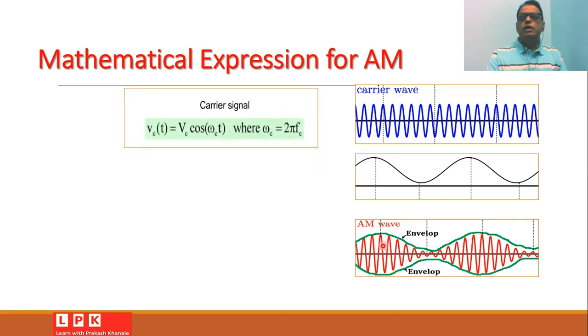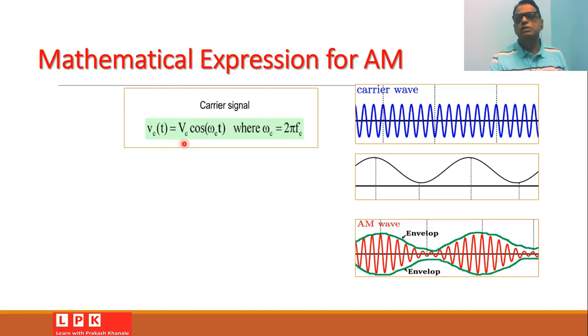So in order to obtain the expression for the AM voltage, let us start with the expression for the carrier signal. Suppose the carrier signal is represented by the expression small vc(t) = Vc cos(ωc t), where small vc(t) represents the instantaneous value of the carrier voltage at any time t.